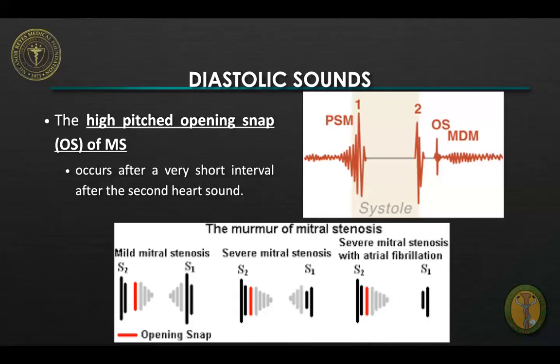Diastolic sounds. The high-pitched opening snap of mitral stenosis occurs after a very short interval after the second heart sound.